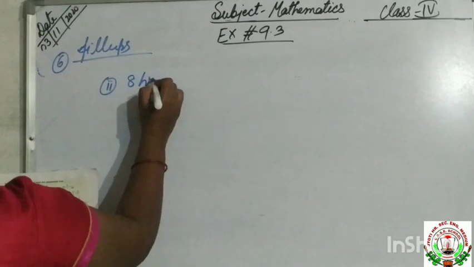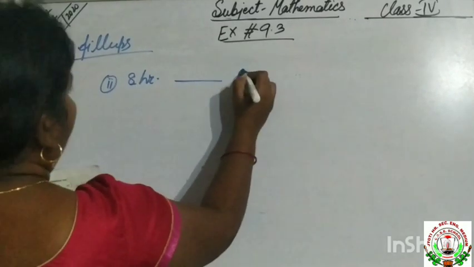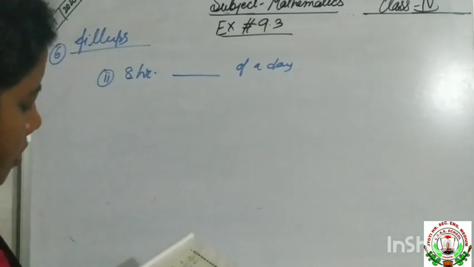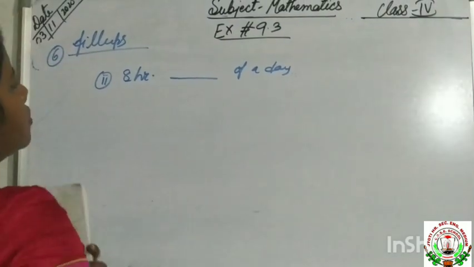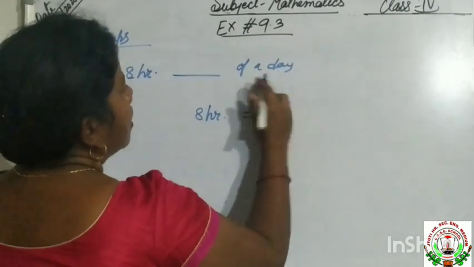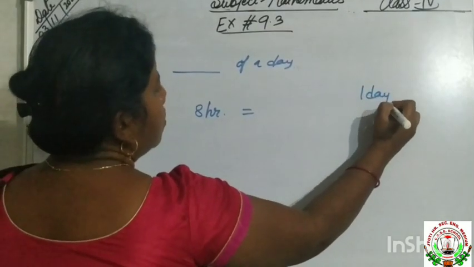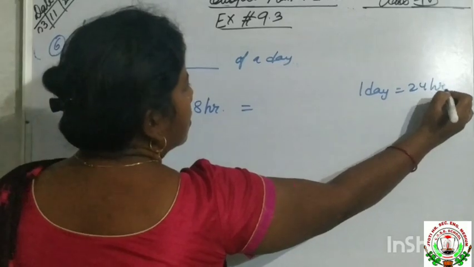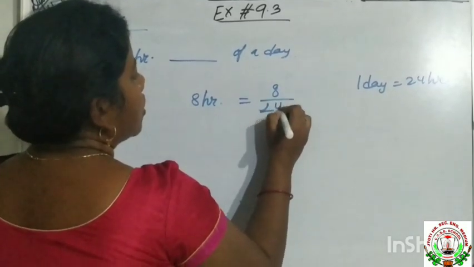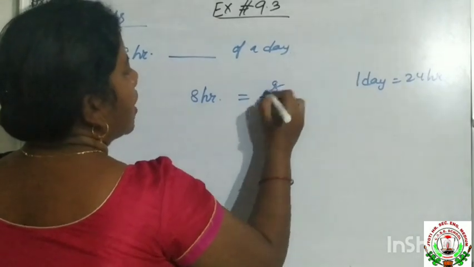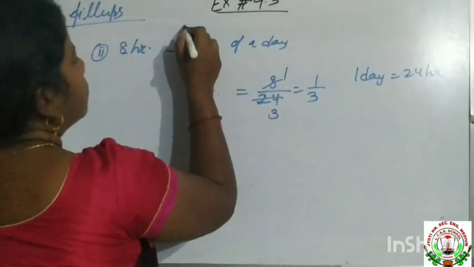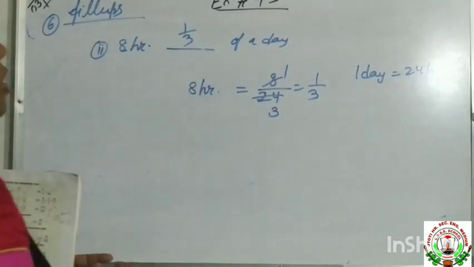Here it is 8 hours, dash of a day. We have to write the fraction in the lowest form. We know that 1 day equals 24 hours. So when we convert to the same unit, 8 by 24. 8 ones are 8, 8 threes are 24. So the lowest fraction is 1 by 3 of a day.